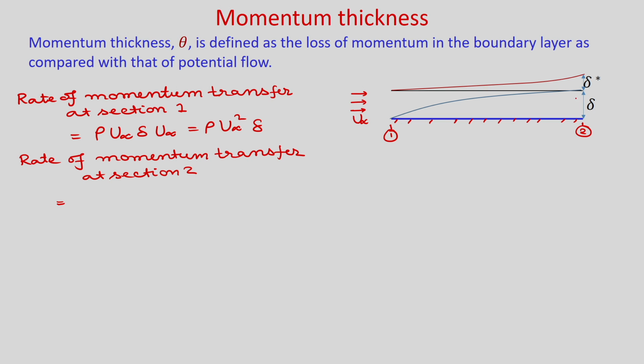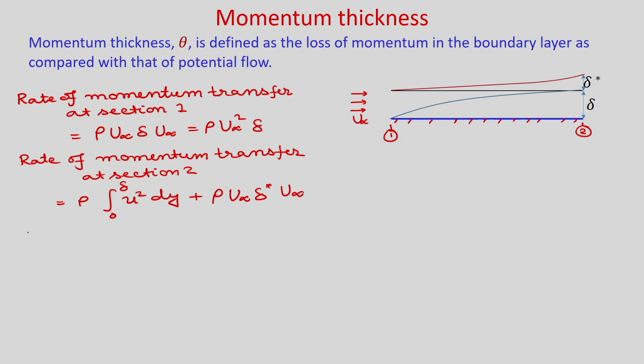So, you can see there will be a velocity distribution u. So, it will be rho integral 0 to delta u dy, and u is the velocity, so it will be u square dy. So, that is the rate of momentum transfer up to this, and from here you can see there is a deflection delta star. So, you will get rho u infinity, this is the mass flow rate, into the velocity u infinity. Okay.